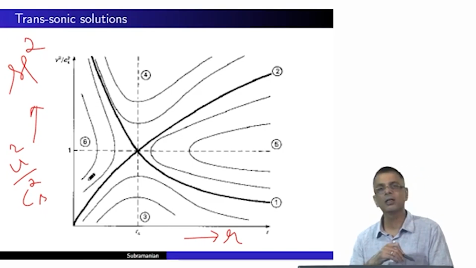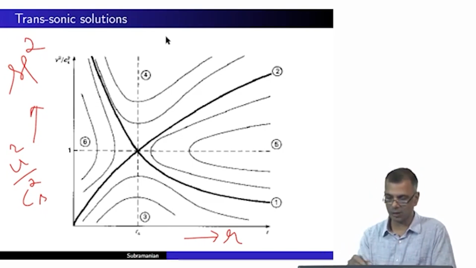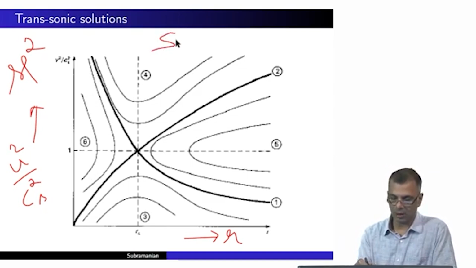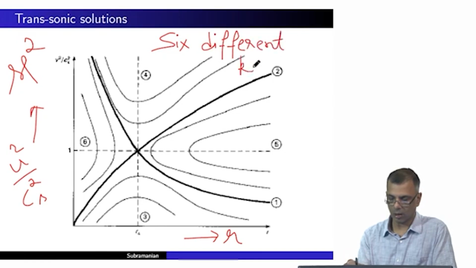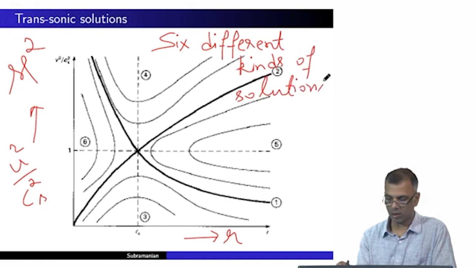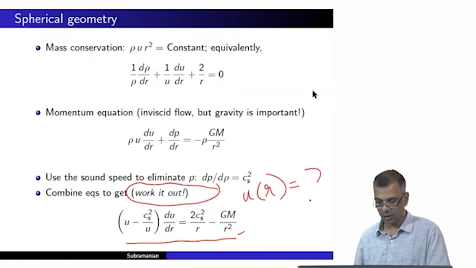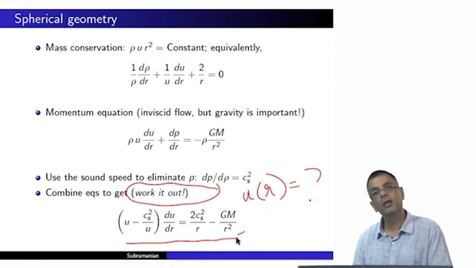There are six different kinds of solutions that are allowed by this equation.